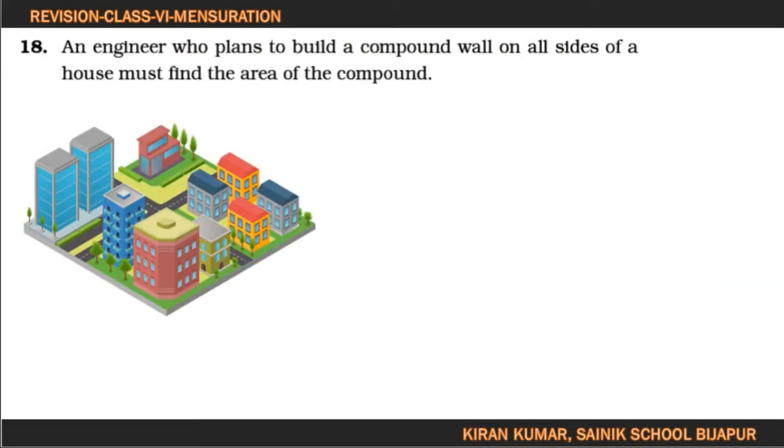An engineer who plans to build a compound wall on all sides of a house must find area of the compound. This particular statement is a false statement. To find out what length of the compound wall to be built, our engineer requires perimeter of the compound.